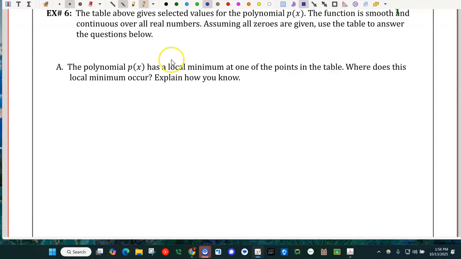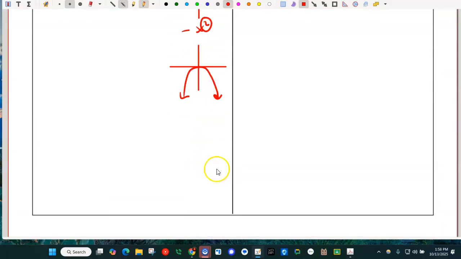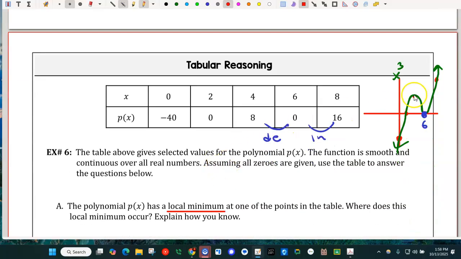And then same language for how you know where the local max is. Right here, it goes from increasing to decreasing.